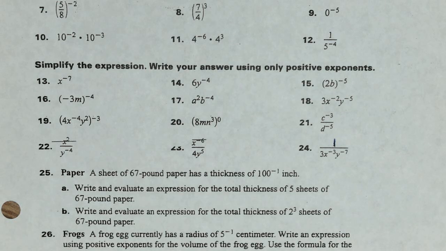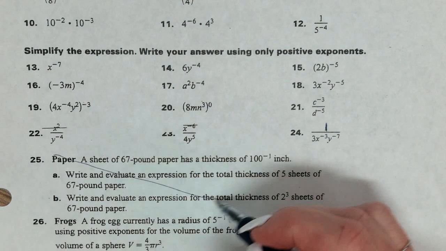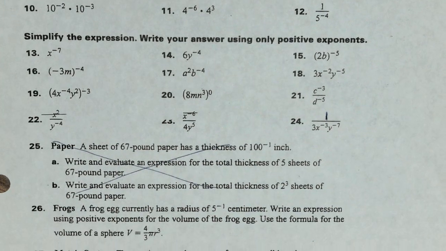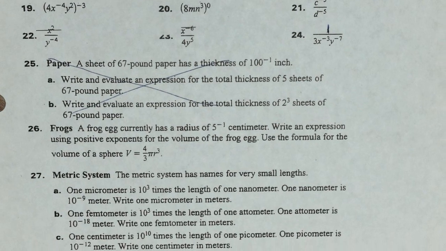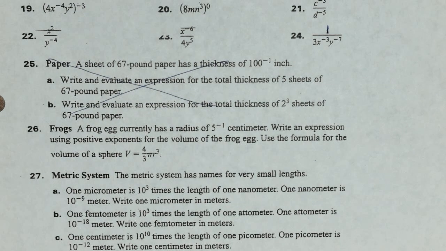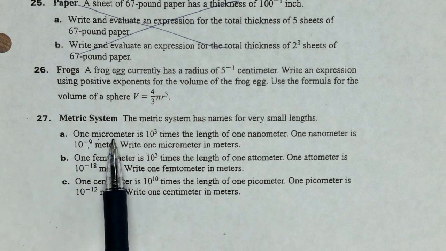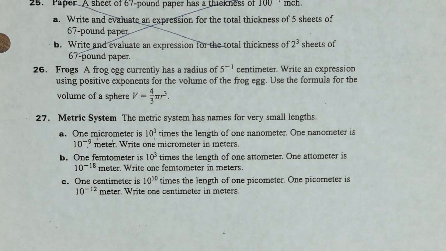We're not going to do 25, but we're going to do 26 and 27. For 26, it just wants you to plug the radius in and simplify it. Leave pi as pi, just simplify the expression. For 27, don't overthink it. It's literally just multiplication. It says 1 micrometer is 10 to the 3rd times the length of a nanometer.